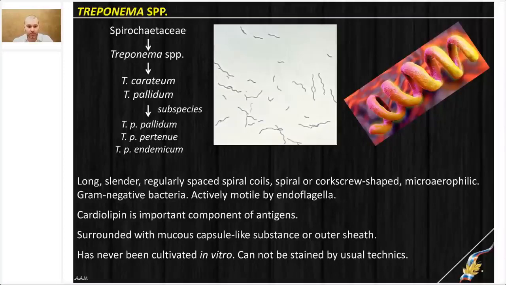So the bacterium is very long in size. It forms spiral coils with a regular space between them, and it looks like a correct spiral shape or corkscrew shape. If you apply gram stain, it is gram negative, but again, as is obvious from the name, pallidum originates from pale.